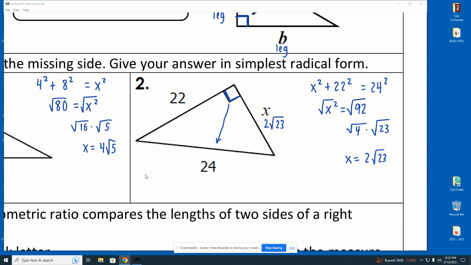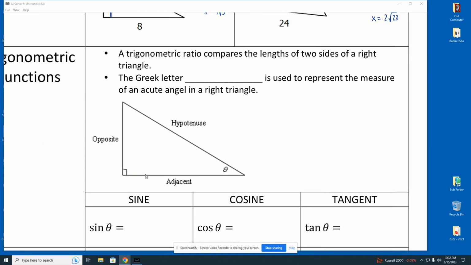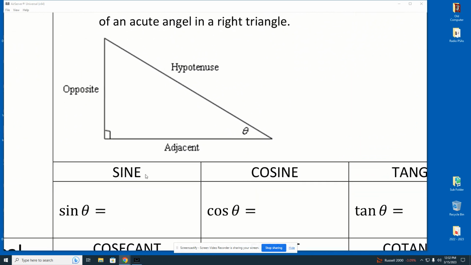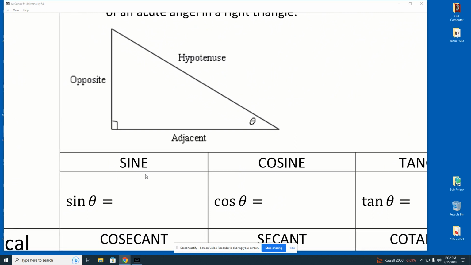Okay? So the first thing I need you guys to understand is when we do these trig ratios, we are doing them from one of the acute angles. And they usually identify the specific angle they want you to come from using this little sideways, I don't know, I've been calling it like an italicized Easter egg.